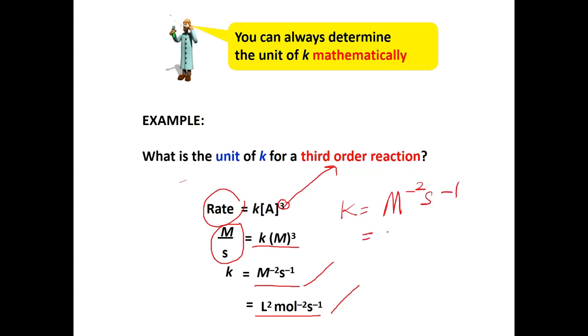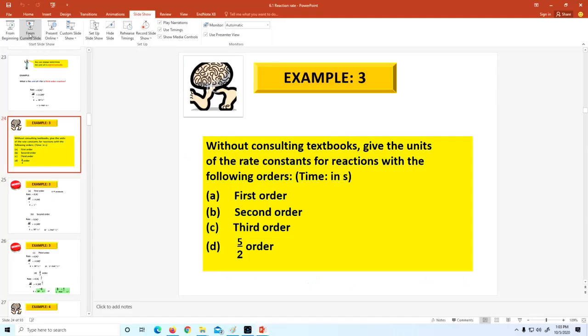You can write it as mole per liter to the power of negative 2, S negative 1, or you can write L2 mole negative 2 S negative 1.